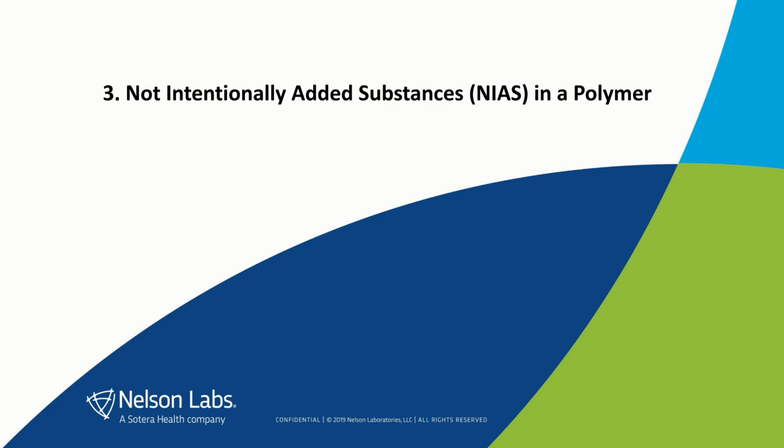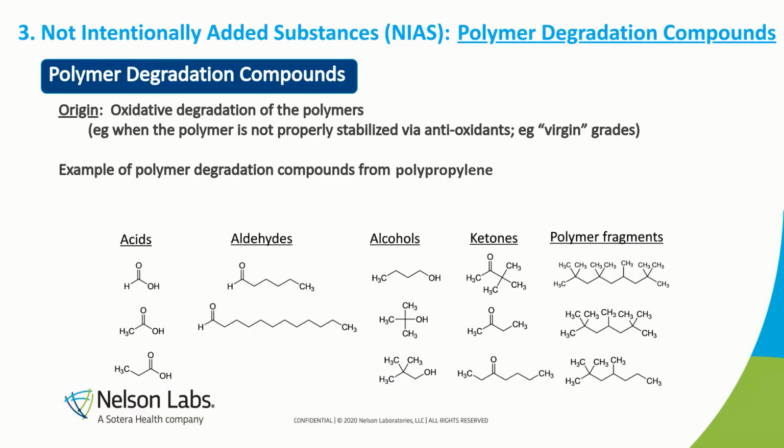Let's now look at the compounds that are not intentionally added. A first class of compounds are those compounds that are degradation compounds from the polymer. Of course, we have added, for instance, antioxidants to a polymer to prevent this from happening. But if you go to gamma irradiation, this puts so much energy into a polymer that you cannot prevent some kind of degradation from happening.